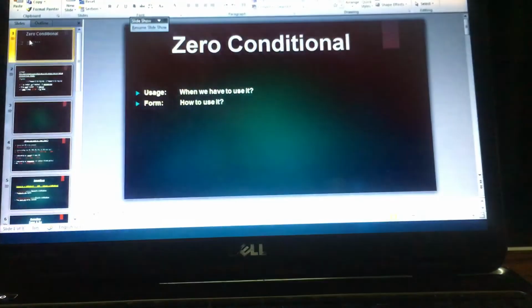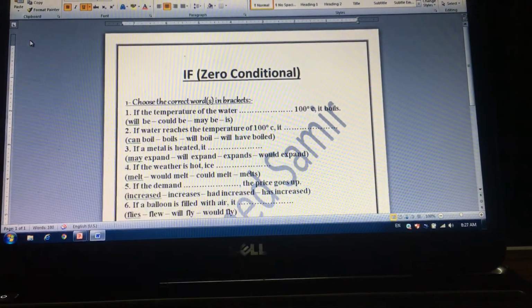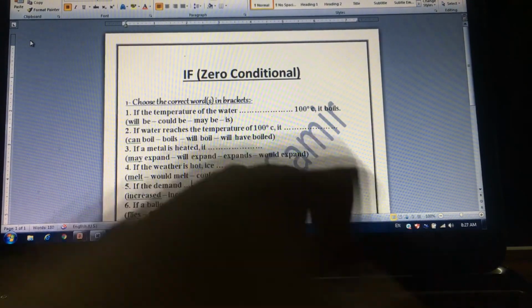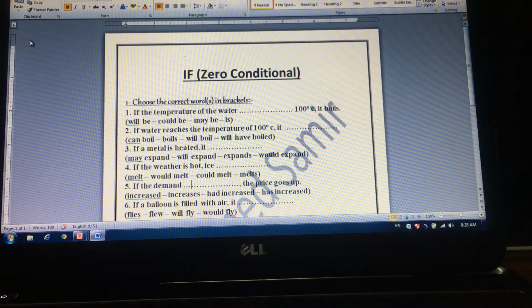Let's do some exercises. Let's see the first one. If the temperature of the water is 100 degrees, it boils. We can see that it is a fact, and we used present simple in the second part, so easily we can choose the first part in which tense.